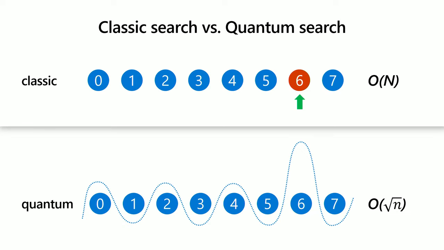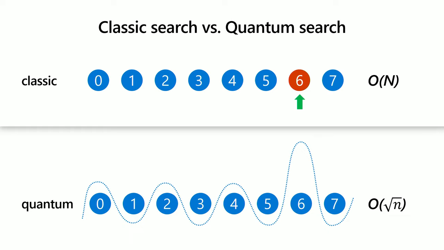That's order square root of n in terms of the number of iterations you go through of taking that superposition, magnifying the one that has the answer in it, and repeating that. I'll show you that in a second. That's order square root of n time to find the answer, which is a quadratic speedup over the classical algorithm.